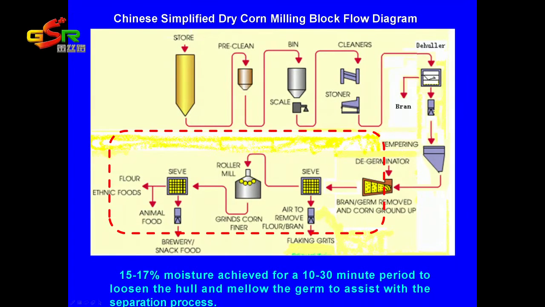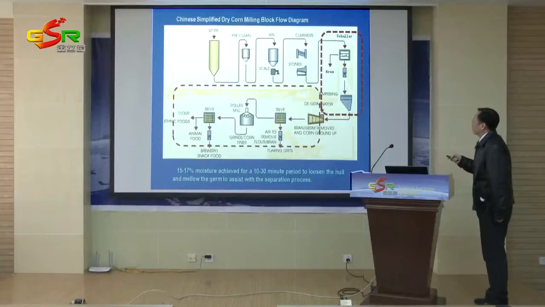Then the tail stock goes to a temper to condition the ideal moisture content to meet the degerminator requirement. So in this process, we don't need the dryer to dry the material from the degerminator. So it has a lower cost.